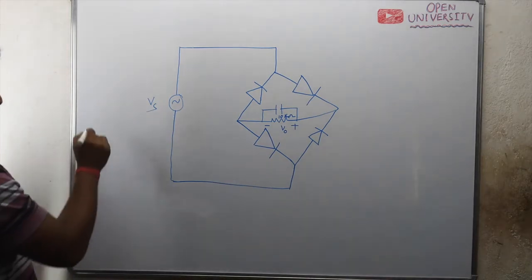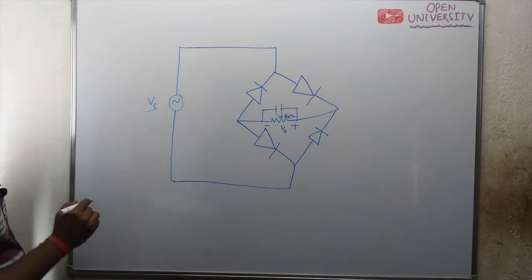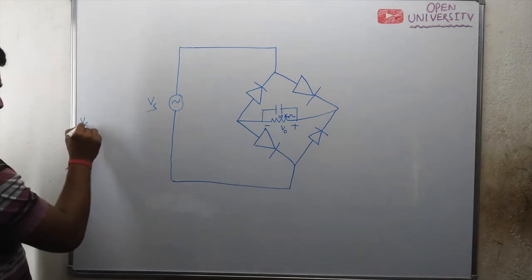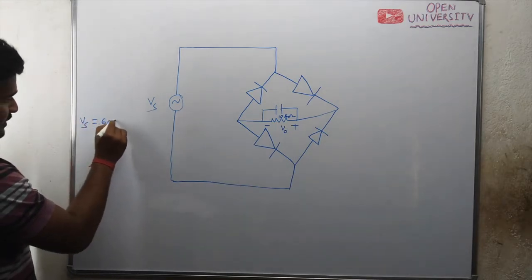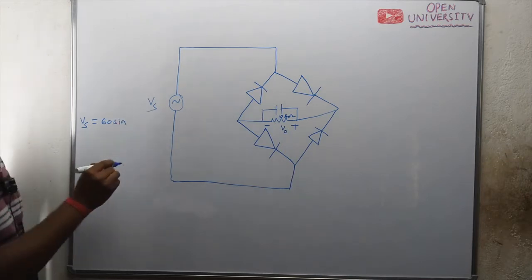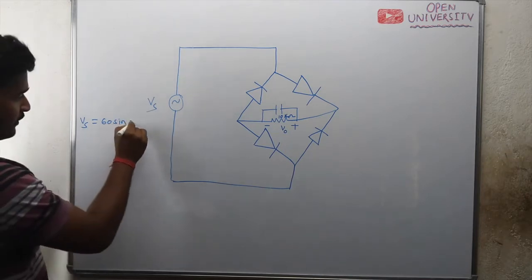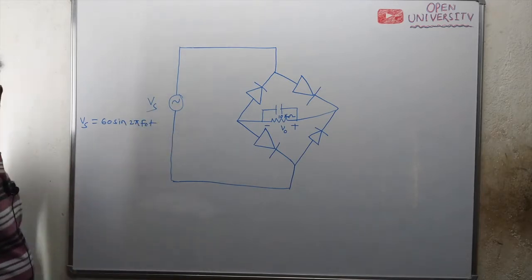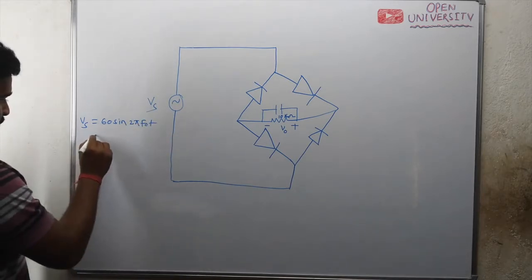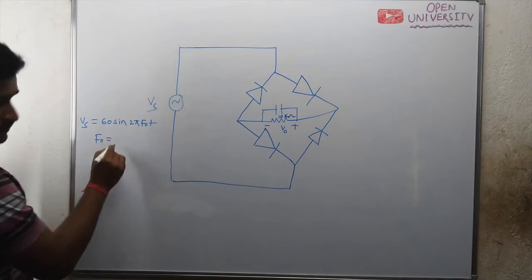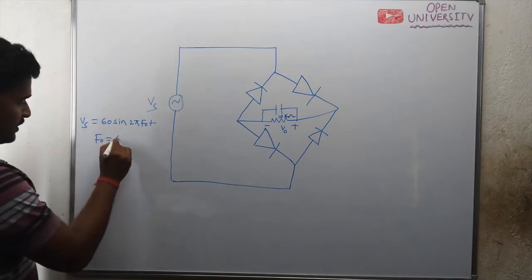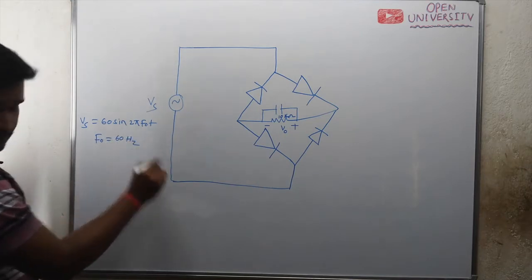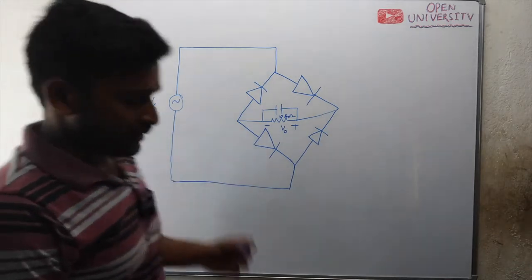What is the Vs value given? Vs is given to be 60 sine 2 pi f naught t, where f naught value is given to be 60 hertz. Draw the diagram.